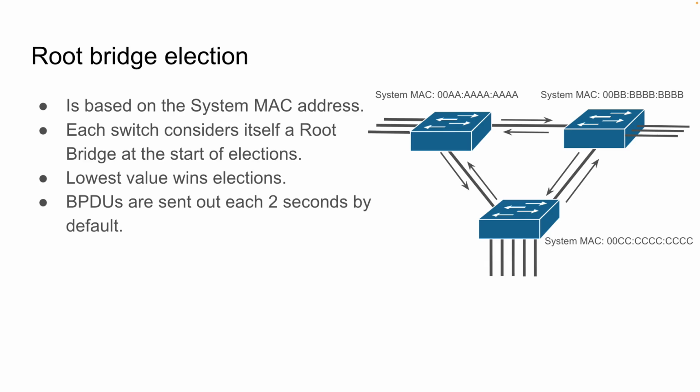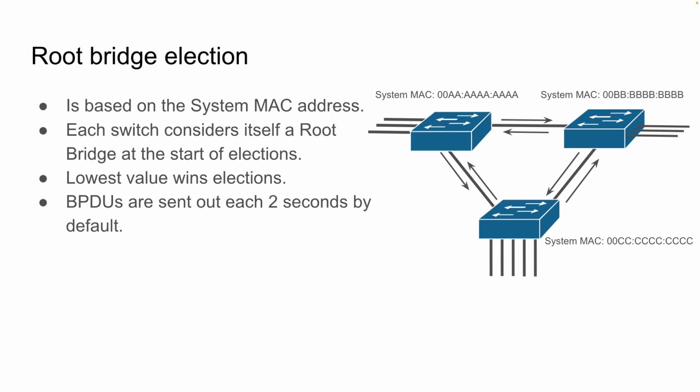Okay, so the lowest value of the system MAC address wins elections. As all the switches initially exchange BPDUs, they tell each other their system MAC address, and they hear the system MAC address of their neighbors and the switches behind those neighbors.